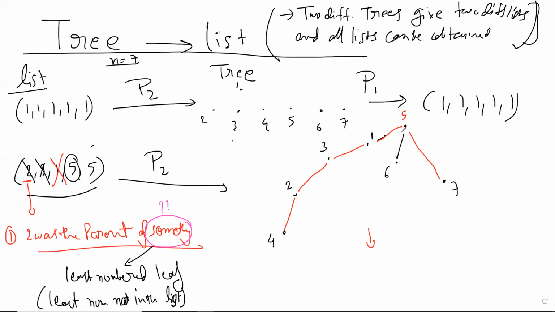So basically, you can keep it as a rule: the last thing that's remaining, just join it to the last parent that is remaining. And that is consistent, right? Because this guy has 2 neighbors, so it appears once in the sequence. 3 appears only once. 5 has 3 neighbors, so it appears twice in the sequence. That is consistent as well.